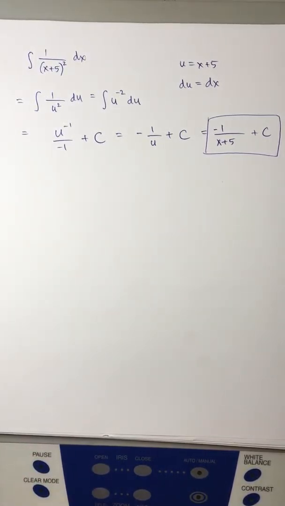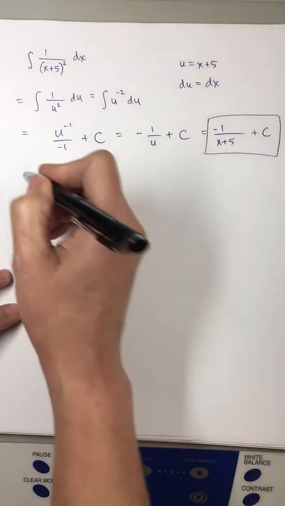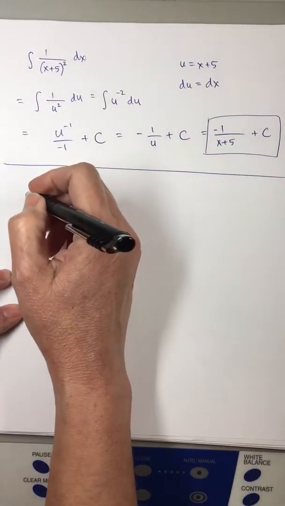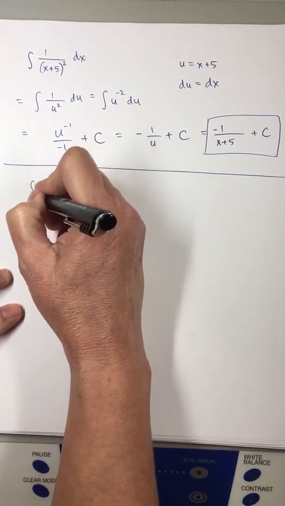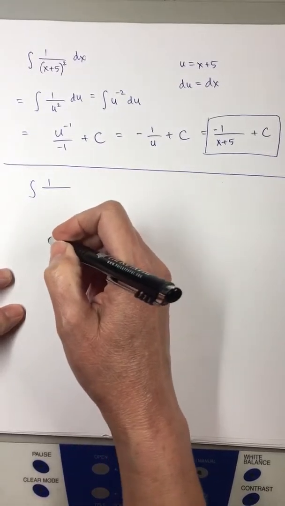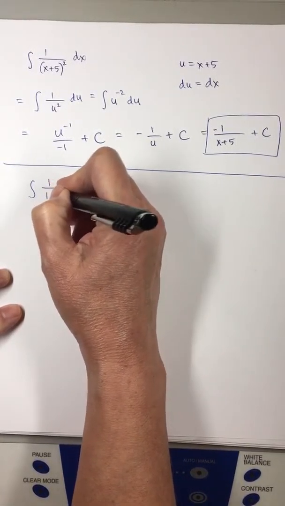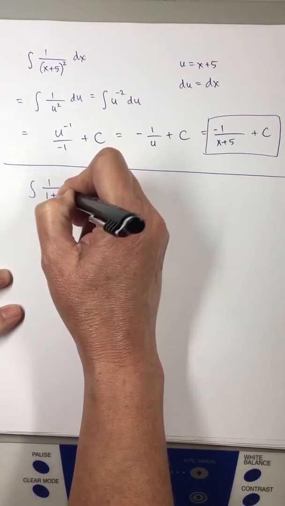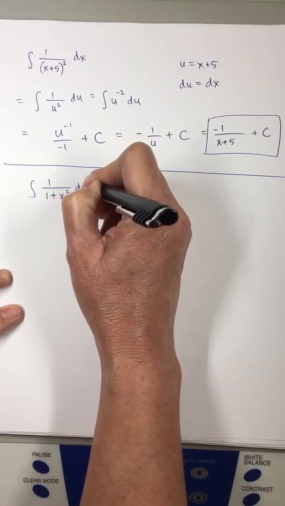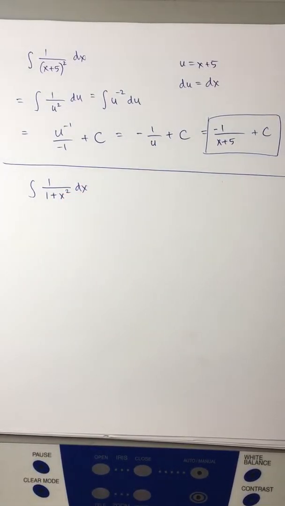So some of the problems you'll get, you have an integral like that and you have to figure out what it is. Another version of this that comes up, I'll write it in its simplest form: the integral of 1 over 1 plus x squared dx. What about that one?